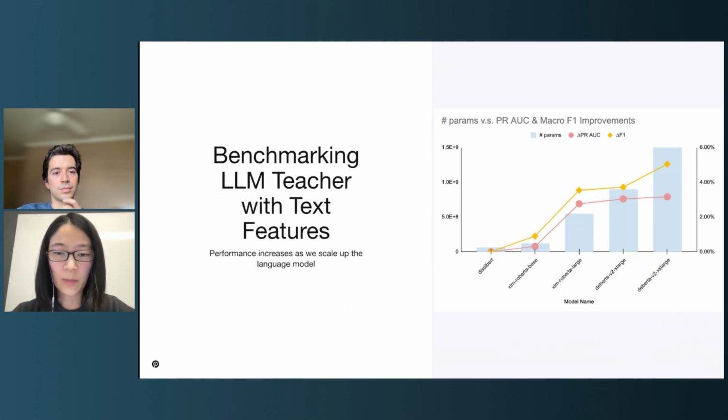Next, let's look at some of these results. First of all, we have run benchmarking with various large language models using text features only on our own internal evaluation dataset. From the plot on the right, we can see as we scale up the language model from distilled BERT to RoBERTa base to RoBERTa large, then to RoBERTa XLarge and RoBERTa XXLarge, the model performance continues to improve in terms of both AUC and the F1 score.